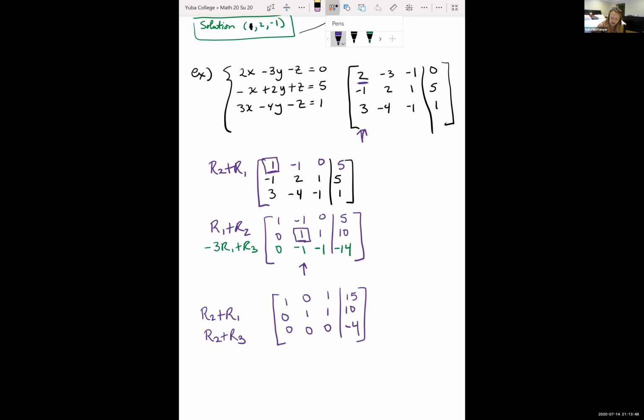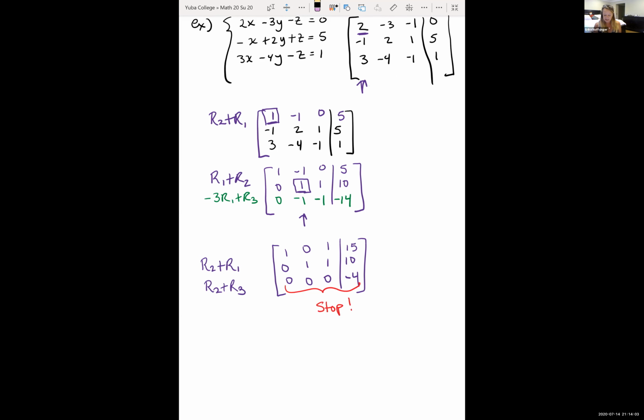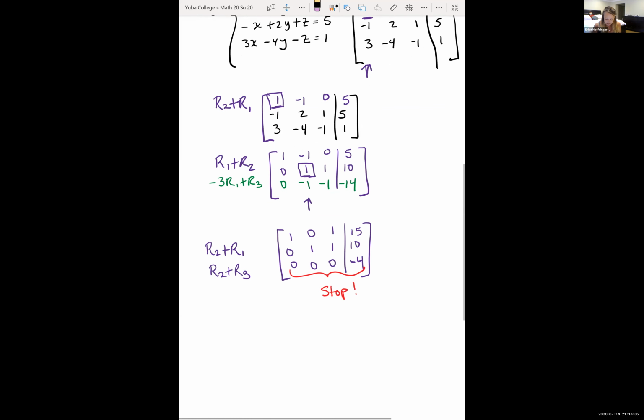Okay. If you get a row of all zeros except for that last number, you're done. Technically, what this last row is saying for an equation is 0x plus 0y plus 0z is equal to negative 4. There's no way we can multiply any number by 0 and sum them up and get negative 4.